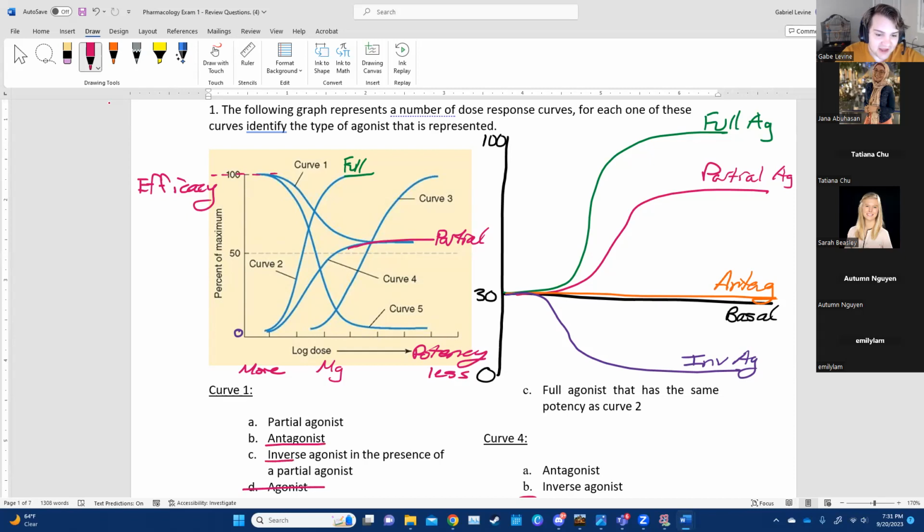An inverse agonist would drop this lower than the basal activity. And if it was in the presence of a partial agonist, it would have almost no difference than if the partial agonist was there or not. And I'll explain why.